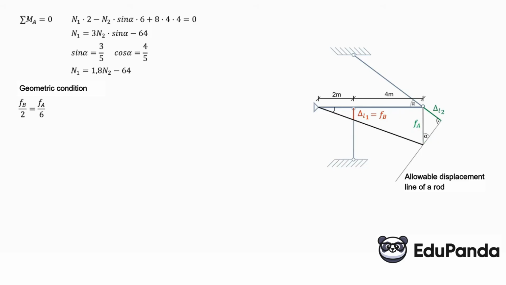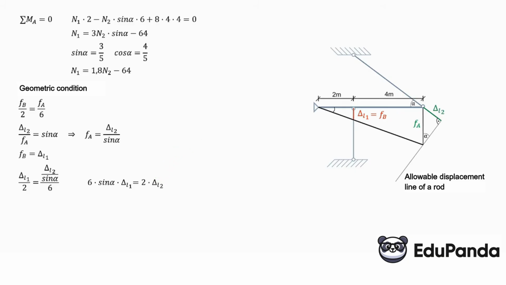So delta L2 to FA is the sine of angle alpha, which implies that FA equals delta L2 over sine alpha. FB is simply delta L1, so we substitute this FA and FB into this relationship, rearranging, and we have 6 times sine alpha times delta L1 equals 2 times delta L2.